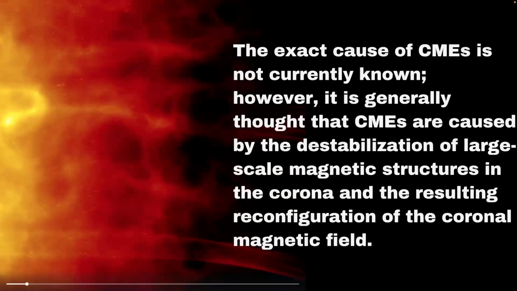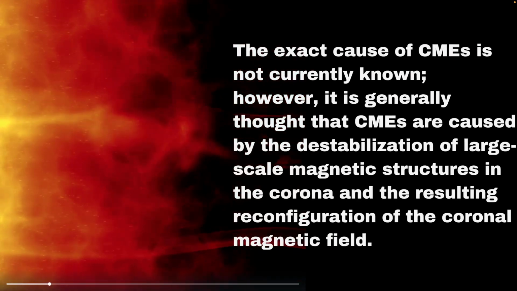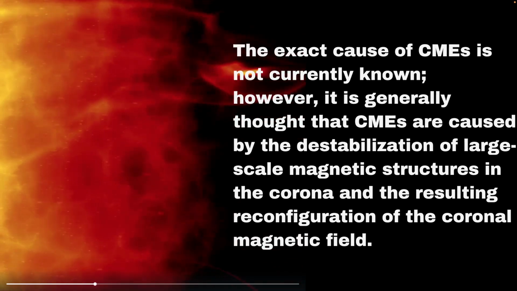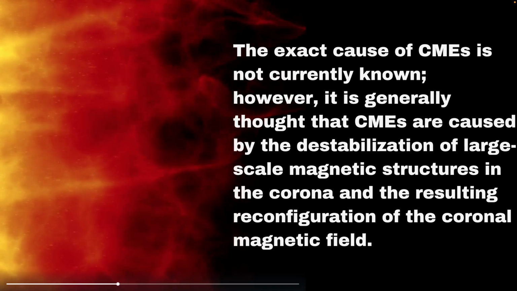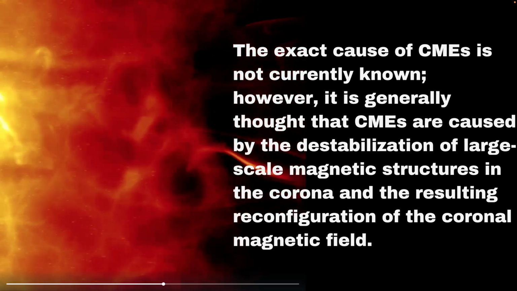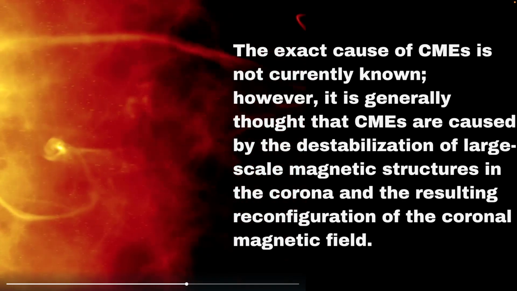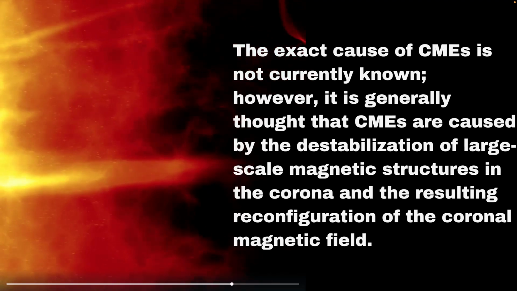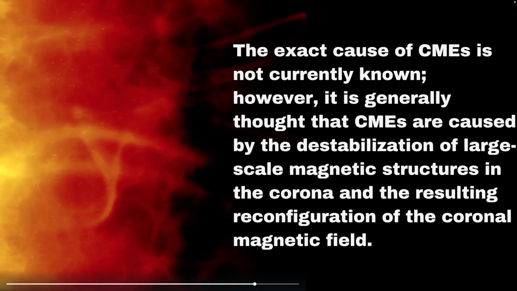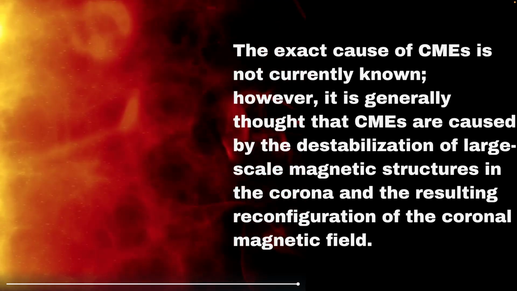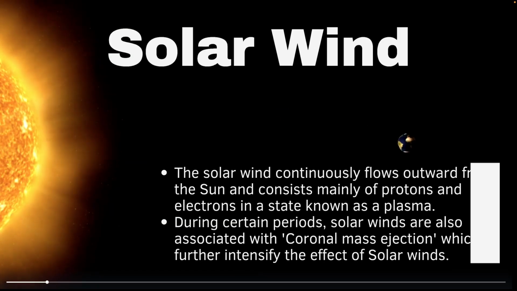Overall, there could be many effects we would be experiencing, but before we go into these effects, let us understand what exactly coronal mass ejection is a result of. We do not know the exact causes of coronal mass ejection, but it is generally thought that CMEs are caused by destabilization of large-scale magnetic structures in the corona and the resulting reconfiguration of the coronal magnetic field.